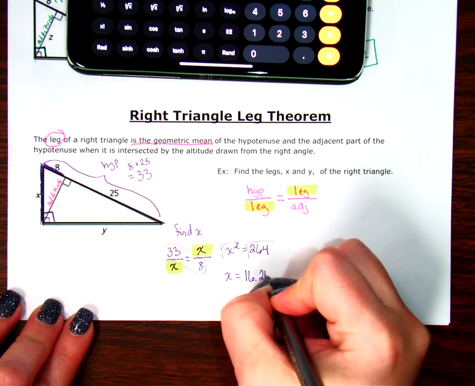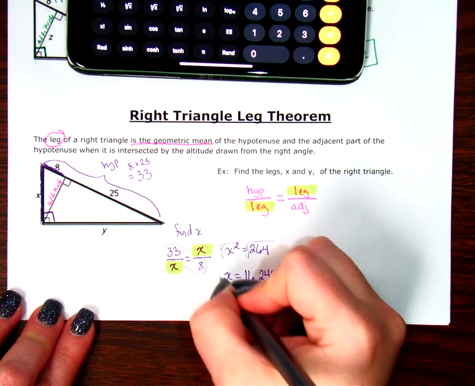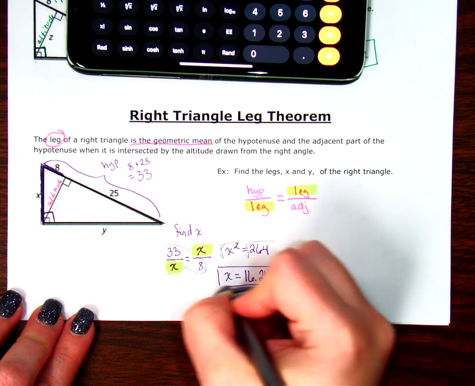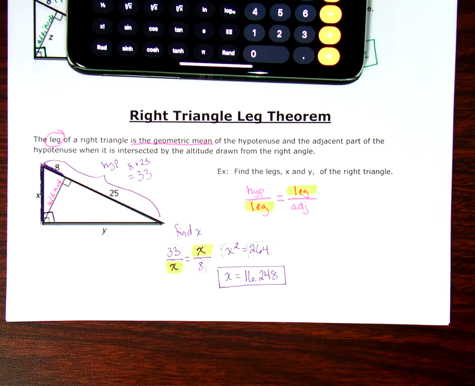It's just 16.248. 16.248 is my value for x.